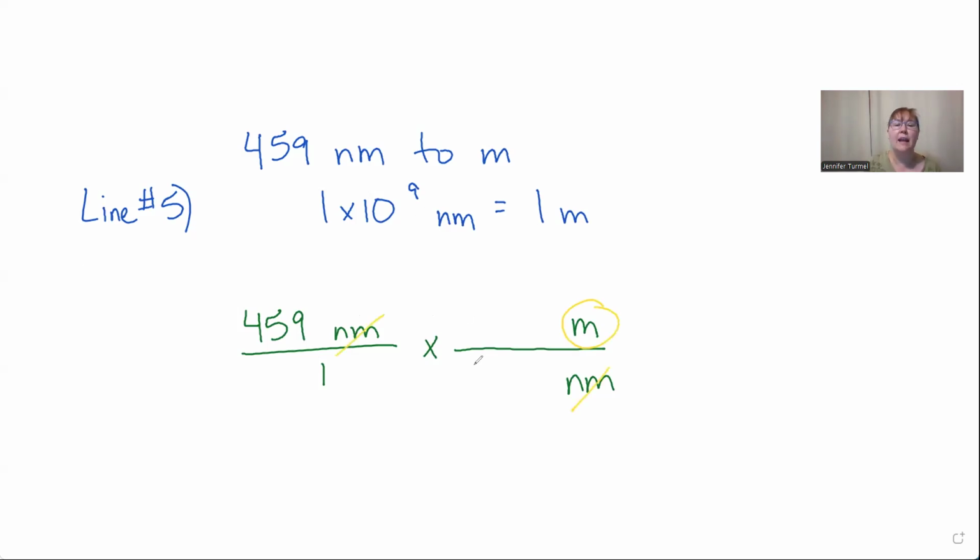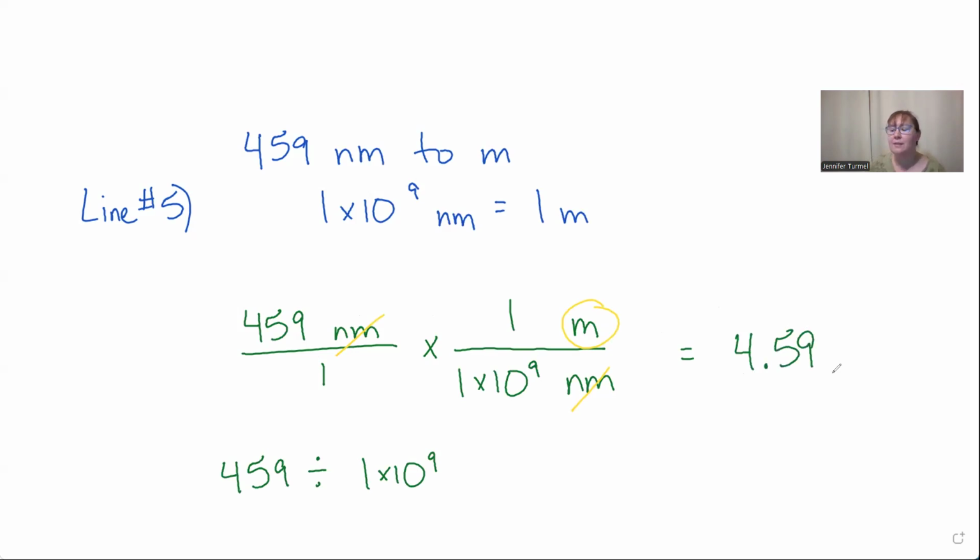And now we have to put this in, 1 times 10 to the 9th and 1. Okay. And again, this means 459 divided by 1 times 10 to the ninth. Okay. And your calculator, again, test this on your calculator so that you know that you're doing this correctly.